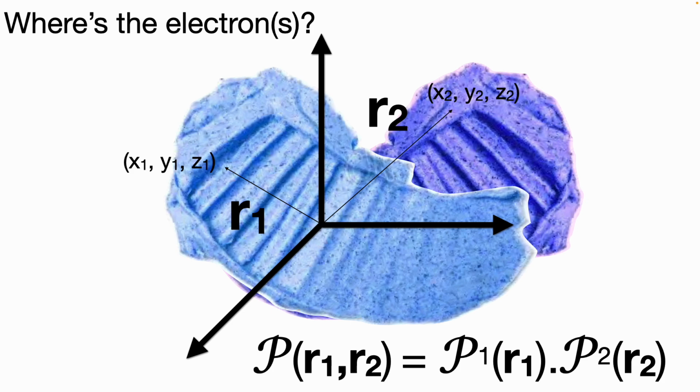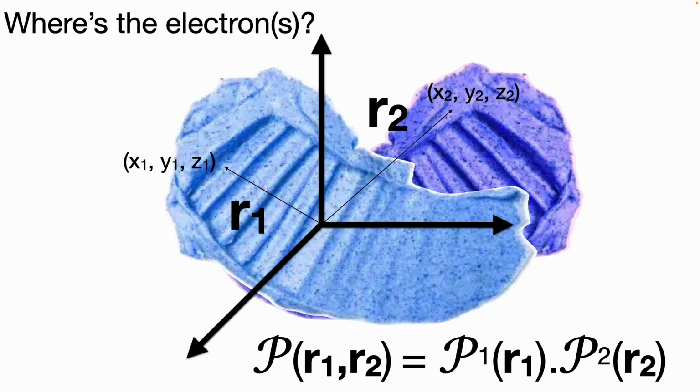And this probability would be given as a product of the individual probabilities of finding electrons at r1 and r2 respectively if the electrons were non-interacting.